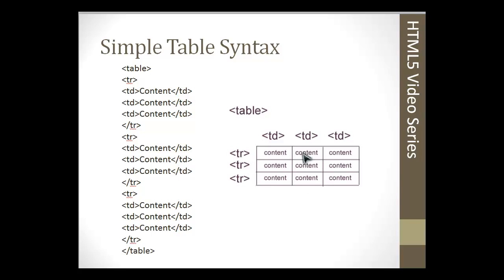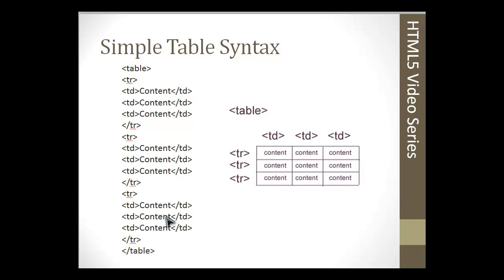So you'll see we have 3 table rows: 1, 2, 3, and in each table row we have 3 TD tags, which is a table column, but TD stands for table data. I know it would be more helpful if it was TC, but it's TD. So you can see here we have 3 columns as well.